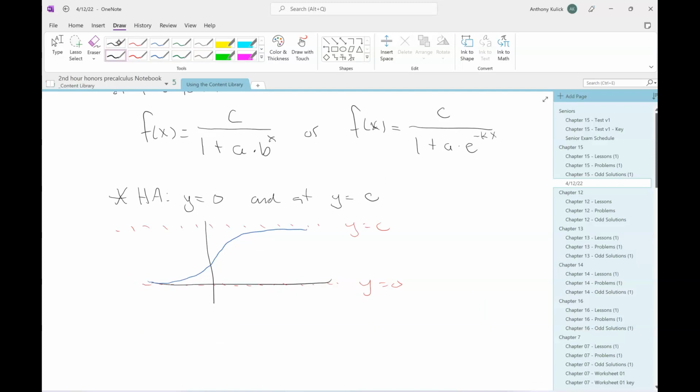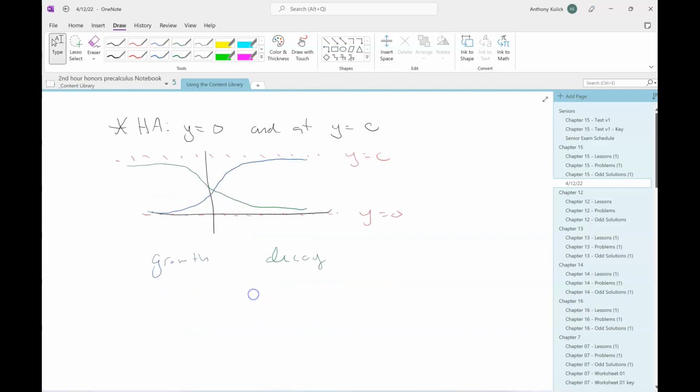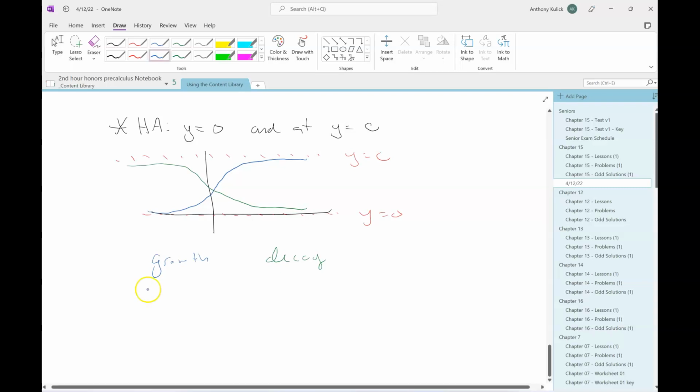We have two types of logistic function. We have growth, like we've drawn here in blue, and we have decay that we've drawn there in green. For growth, the b value would be greater than 1, or the k value would be less than 0.